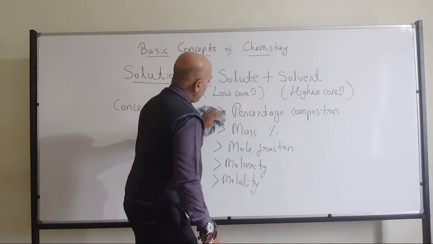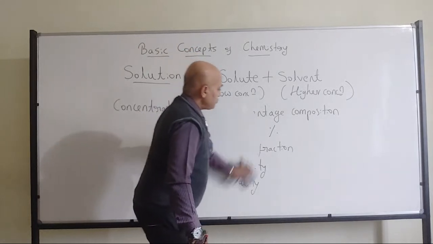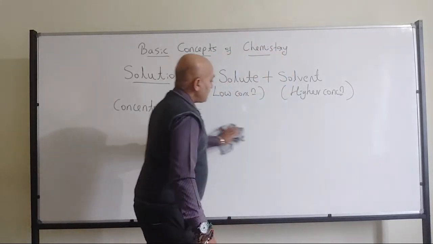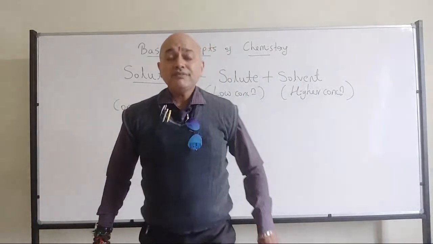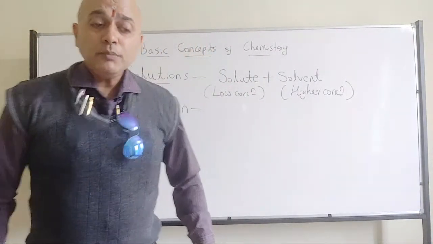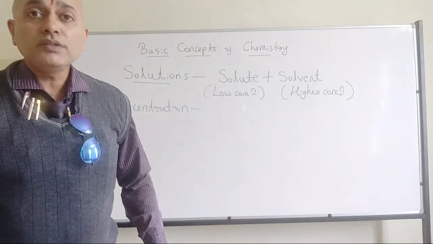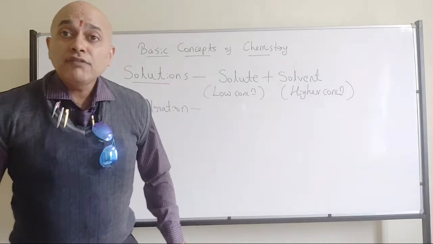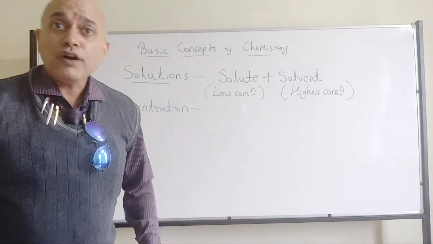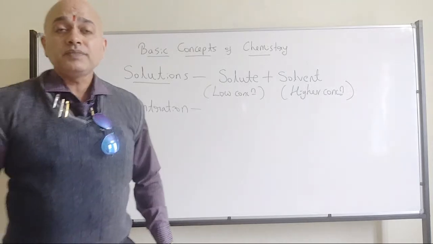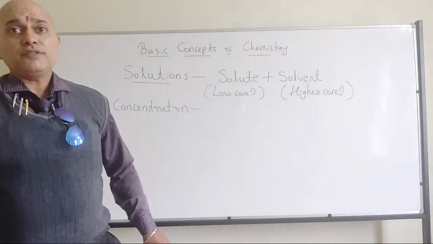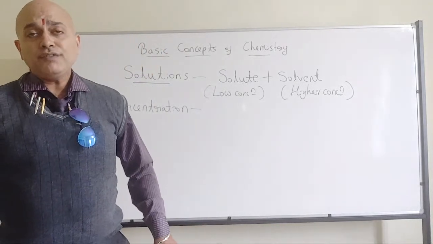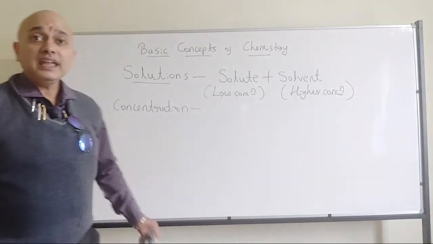It is nothing but the amount or number of elements or a substance which is equal to Avogadro's number. From where did we get this Avogadro's number? We got it from 12 grams of carbon-12 isotope, which has the same number of atoms. So that's where we have the mole.